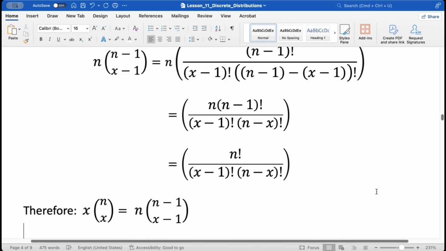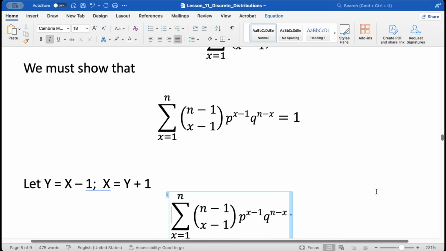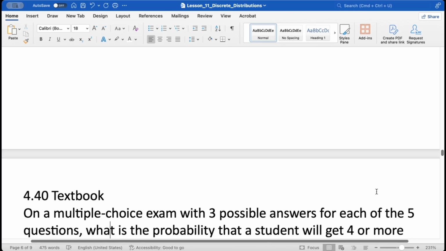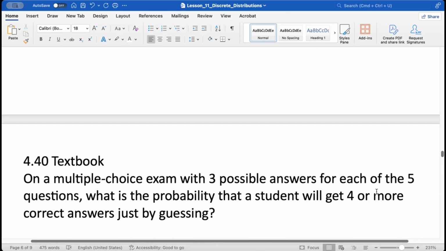All right, let's do a numerical example here. This is from the text, 4.40. On a multiple choice exam with 3 possible answers for each of the 5 questions, what's the probability that a student will get 4 or more correct answers just by guessing? So this fits the criteria of a binomial random variable.